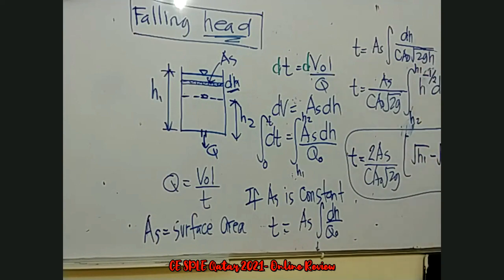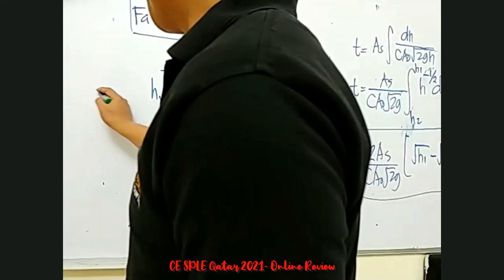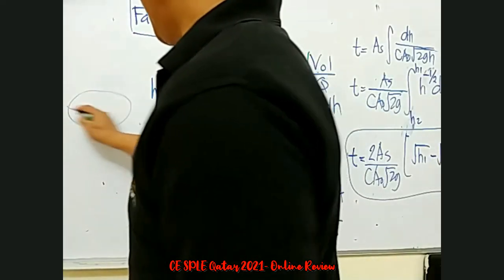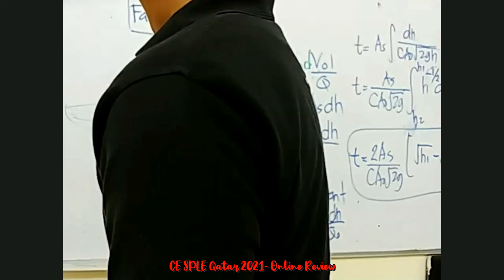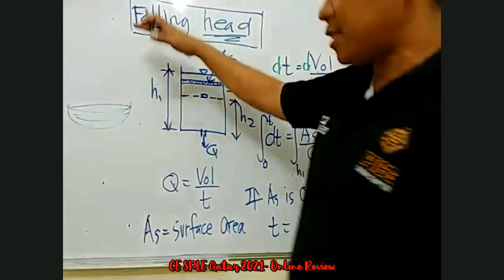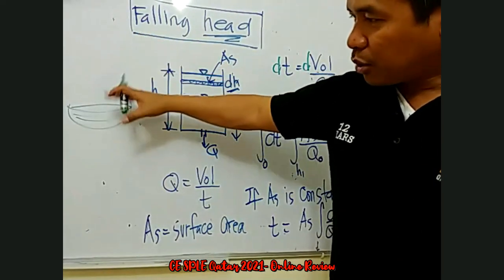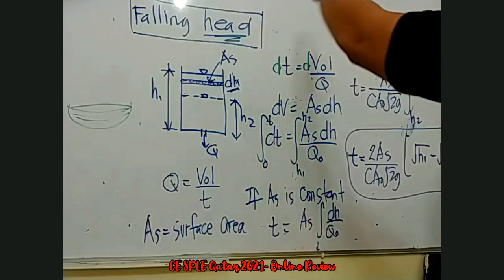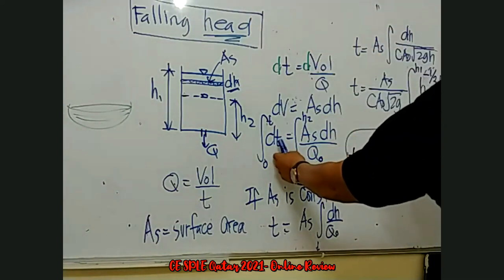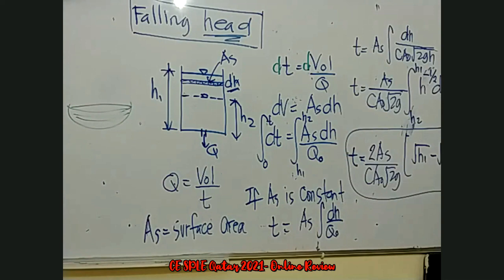Halimbawa, pag hemispherical bowl, kailan ma-drain yung tubig, yung surface area is variable as the time elapsed, so hindi constant. Pero ang pinaka-common sa board exam is constant area, kaya you can apply this directly.